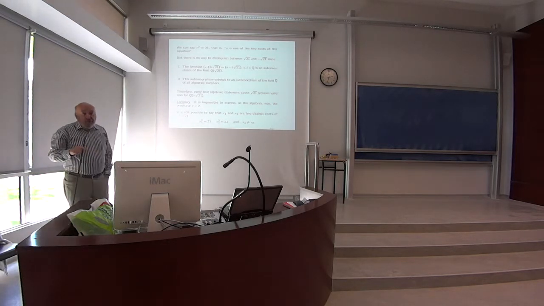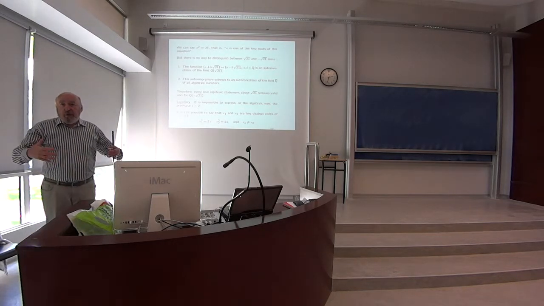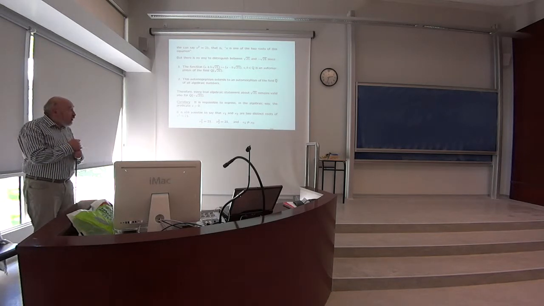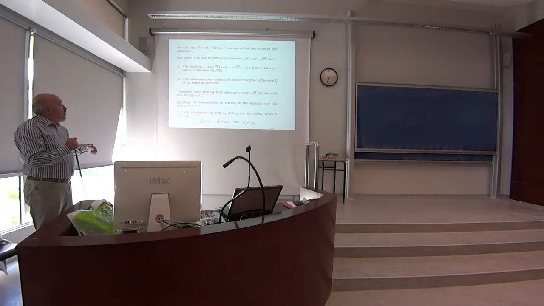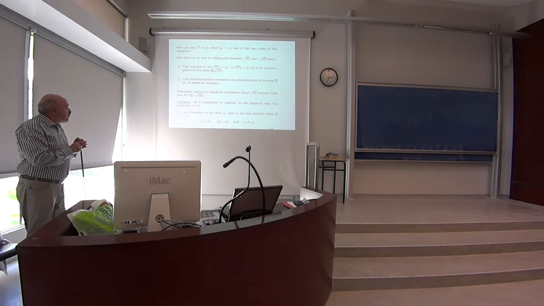And every automorphism of a finite extension of Q can be extended to an automorphism of the whole field of algebraic numbers. So everything we can say about a plus b square root, the same thing is true also for a minus b square root.